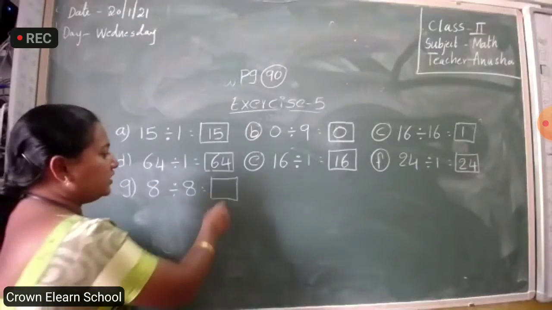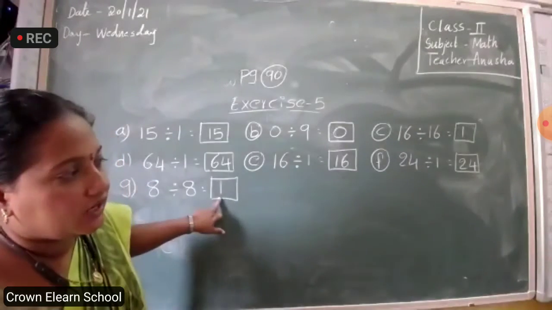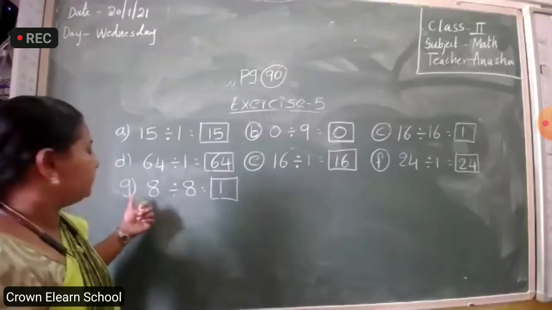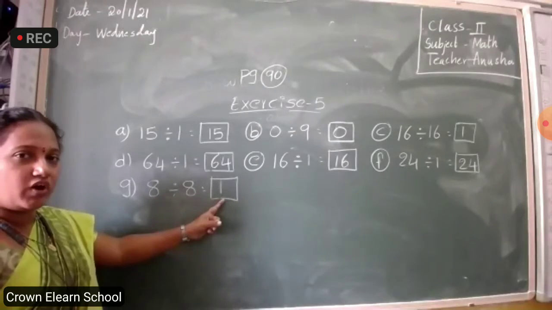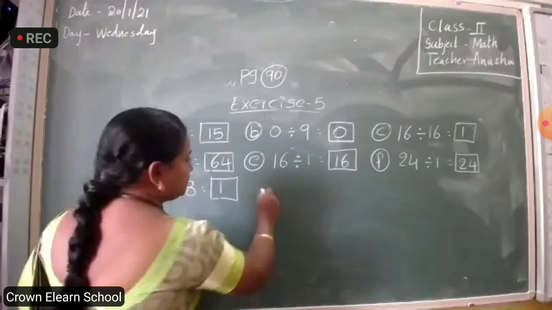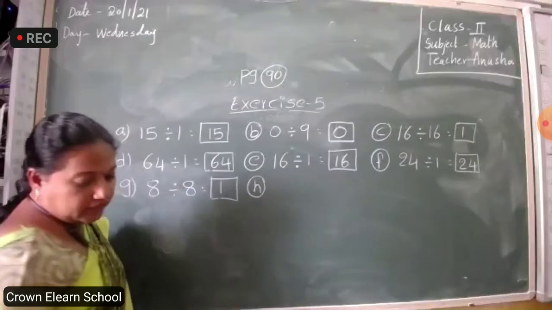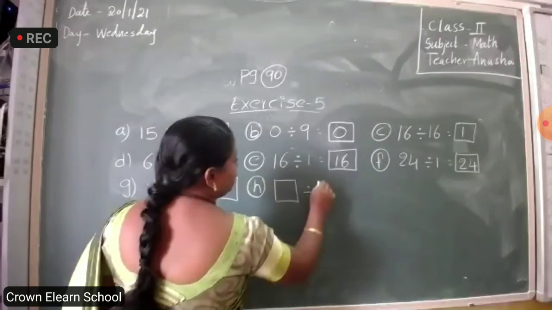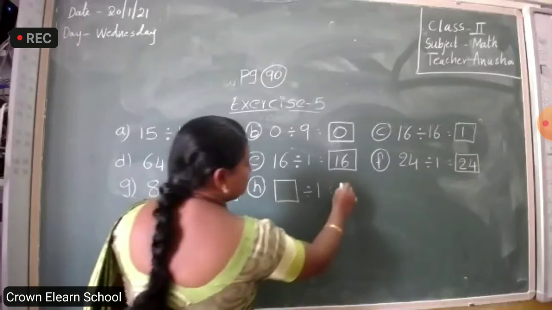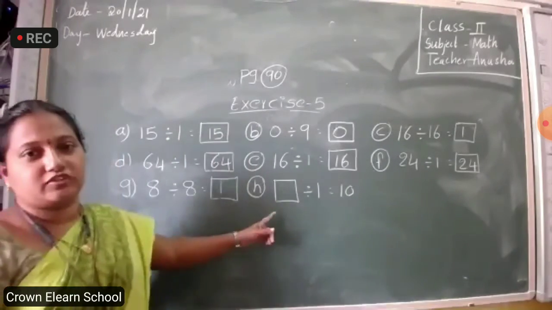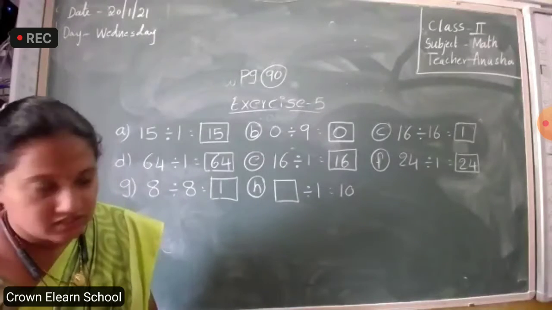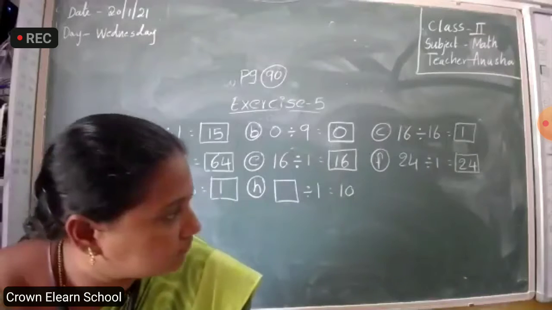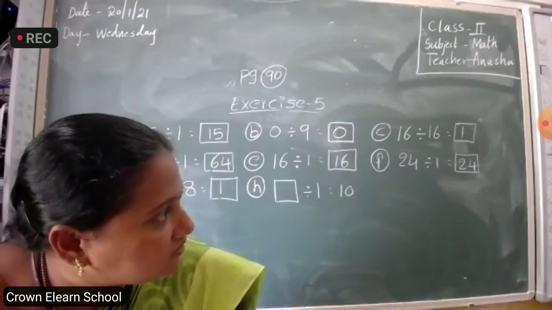Only 1. So what is the answer, Nana? 1. Next, H. This one you have to give the answer. Just try it. Give the answers to me. For H you have to try.